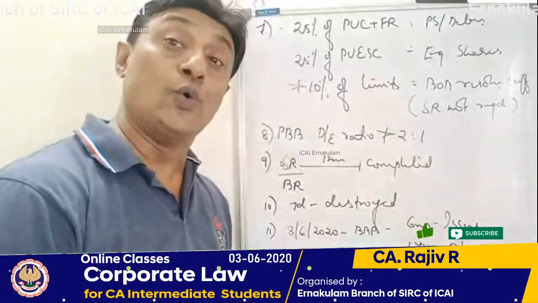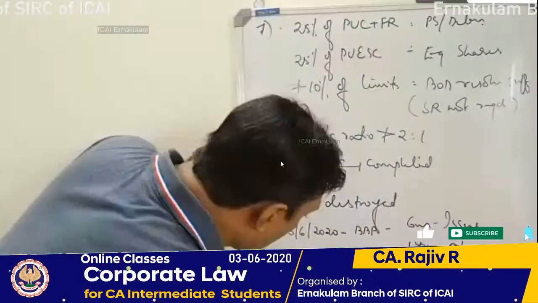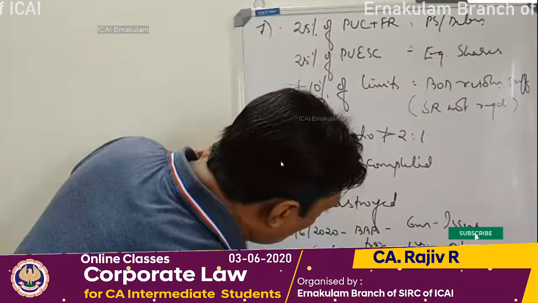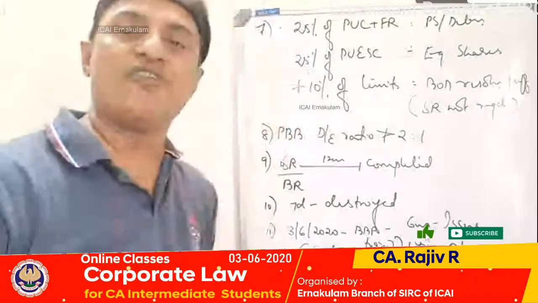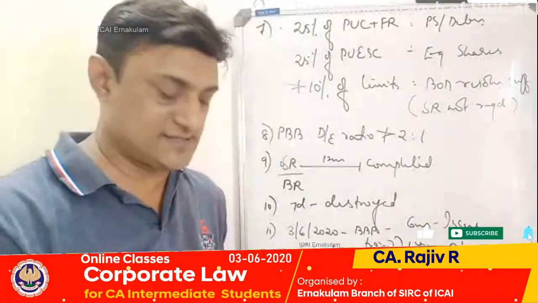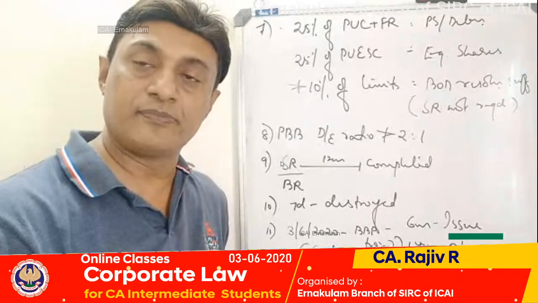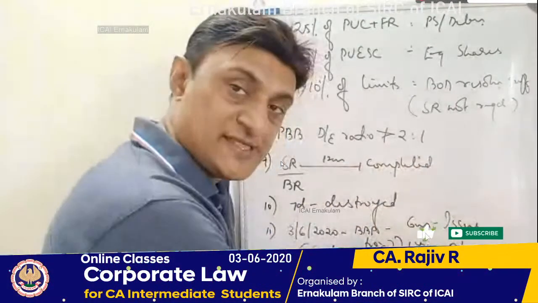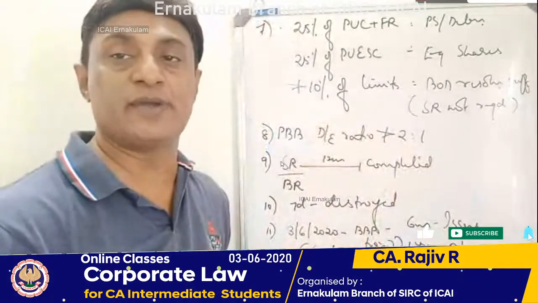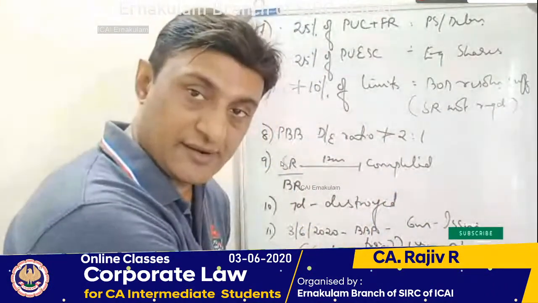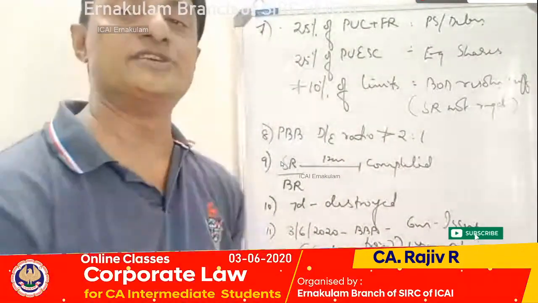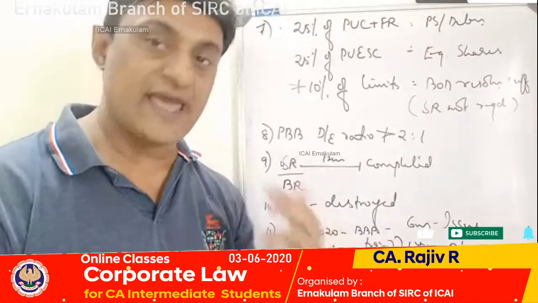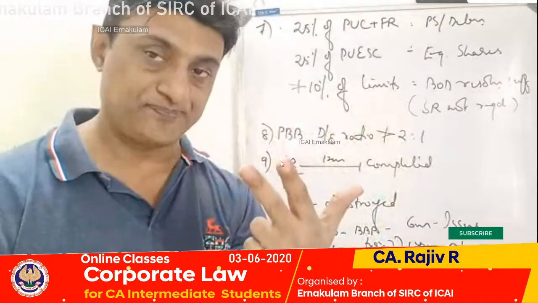They call it cooling period. Either you call it cooling period or a cool off period. Both ways, effect is the same. So the cooling period is 6 months for an issue of securities of the same class. The cooling period is 1 year to effect another buyback of securities of the same class after a buyback is complete. Again, a set of numbers.